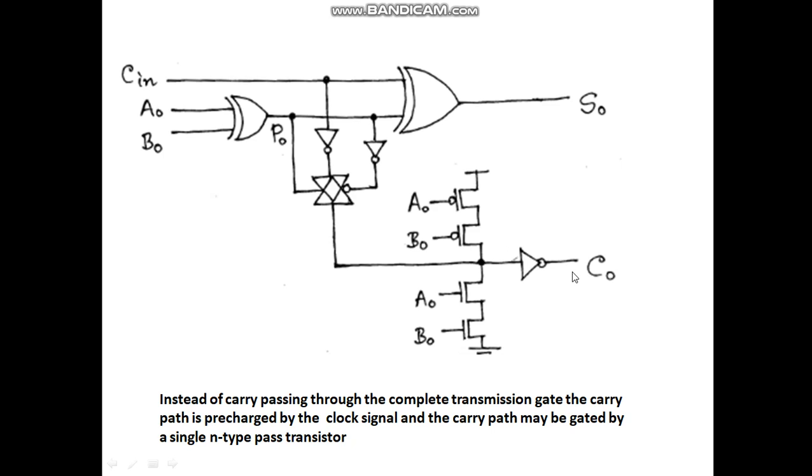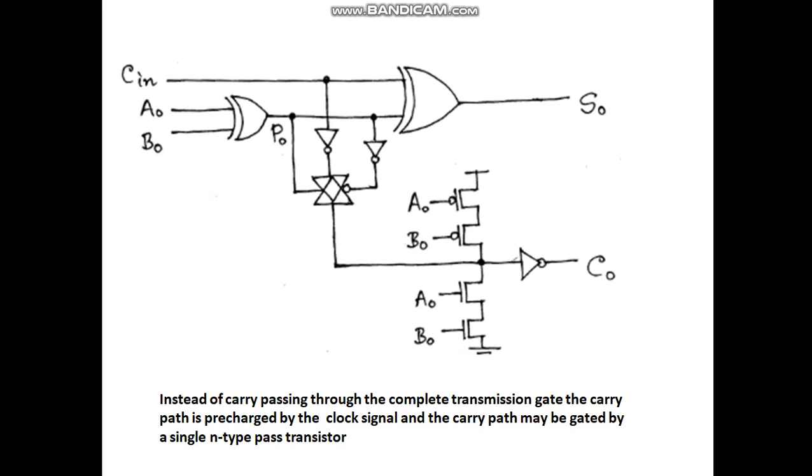Now let us draw the circuit for C0 using the concept of carry generated and carry propagated. In the table we have seen that when P0 is 1, C0 is same as C in. So let us analyze this. So here we are using an inverter at the input end as well as the output end just for buffering.